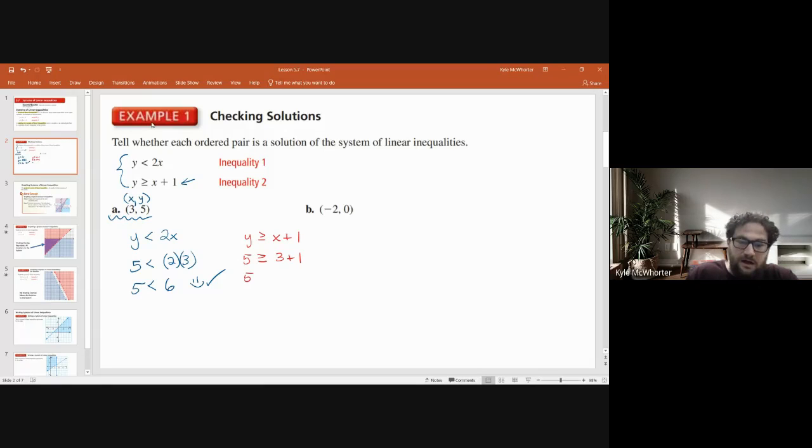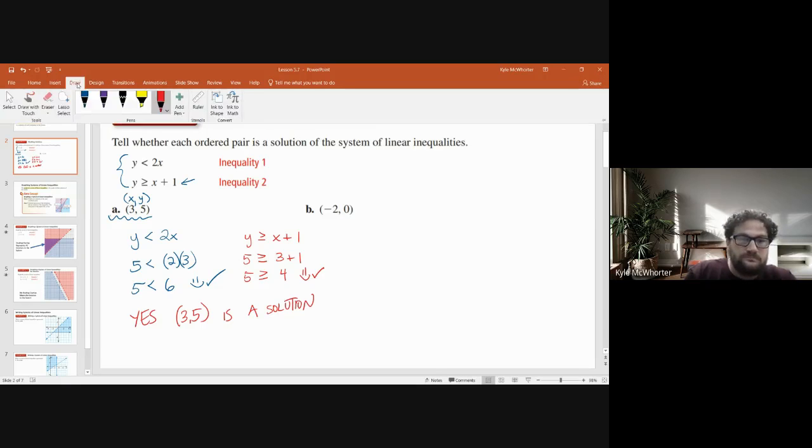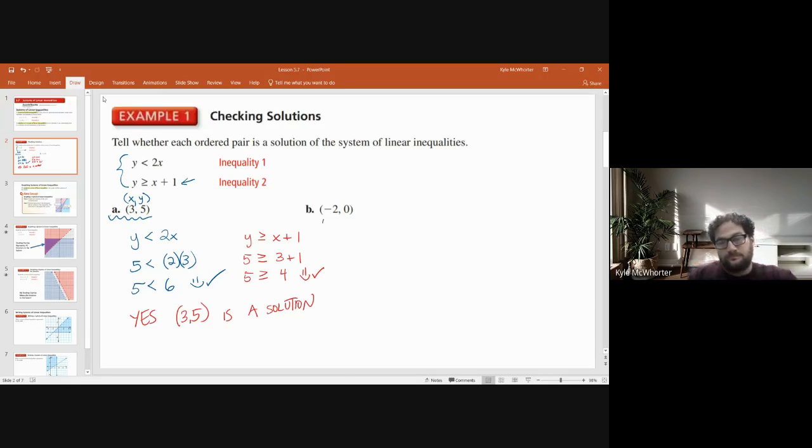So then we get 5 is greater than or equal to 4, and that is true. So then we can conclude, yes, (3, 5) is a solution. Okay, so that's part A. We're done with part A now. Let's look at part B.